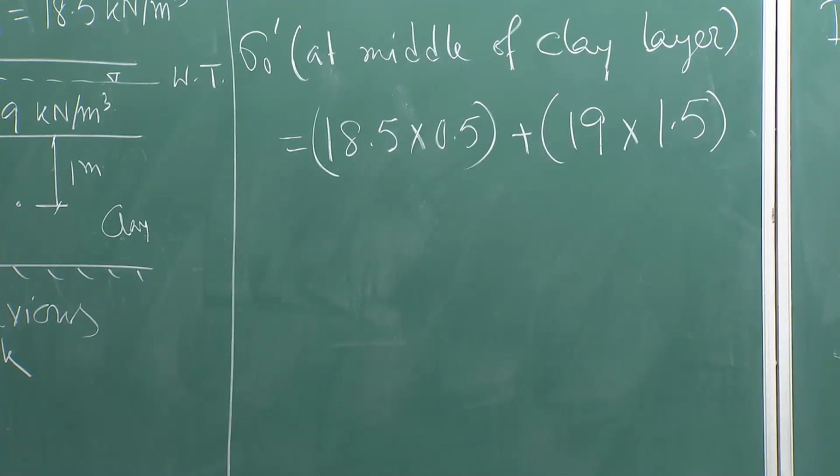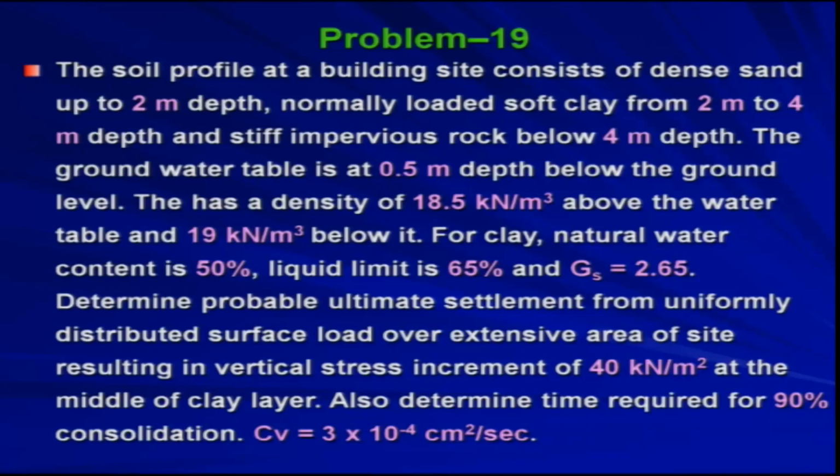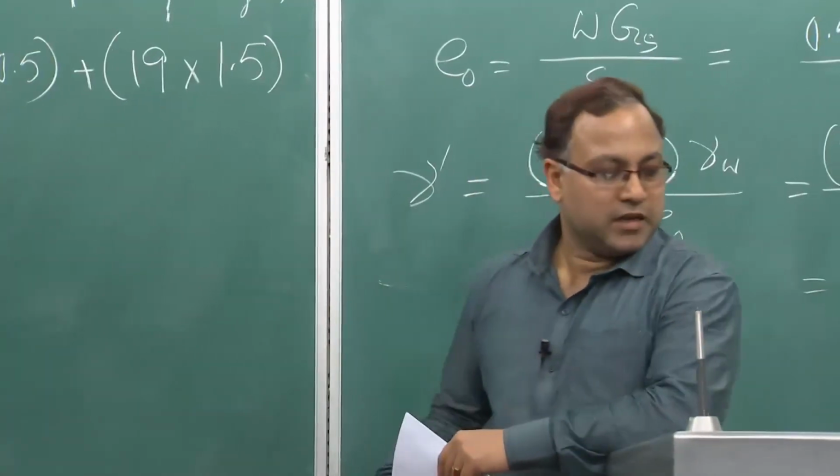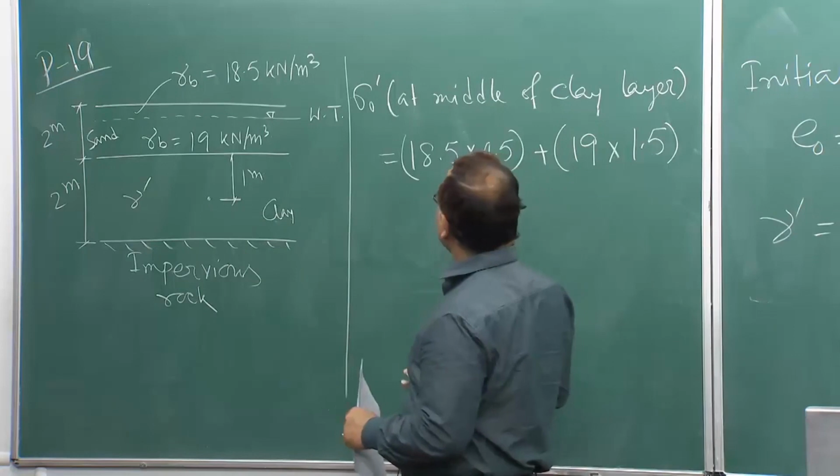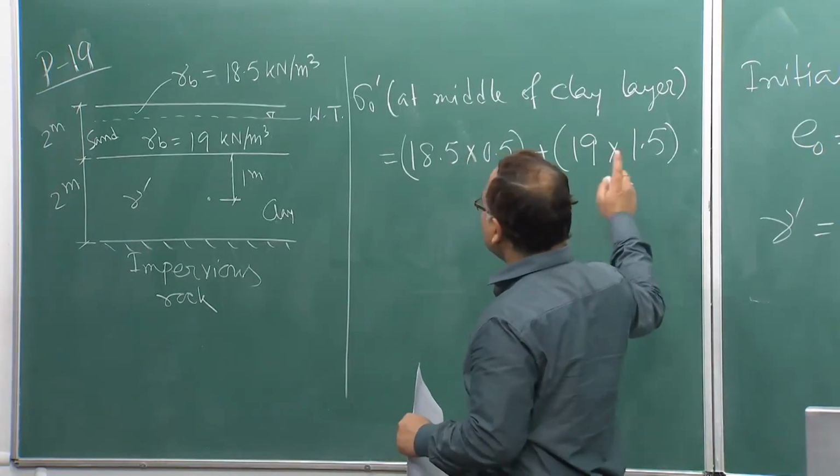So, what is 19? 19 is the bulk unit weight below the water table. That is given in the problem, right. That is nothing but 19 into 1.5.